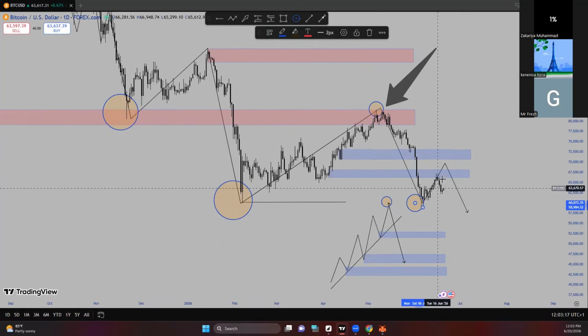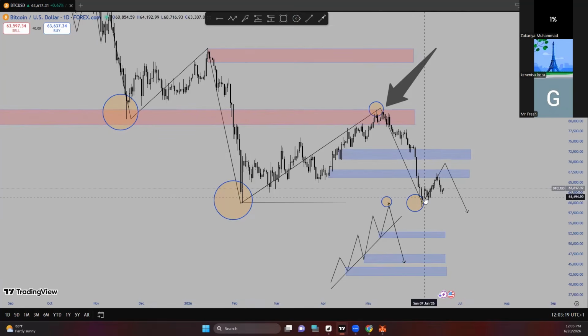If it's a reversal concept, we want to see a clear confirmation, a clear structure formed, that reversal concept that we talked about, which is the market structure shift and then your liquidity. We want to see market structure shift for continuation, for reversals.